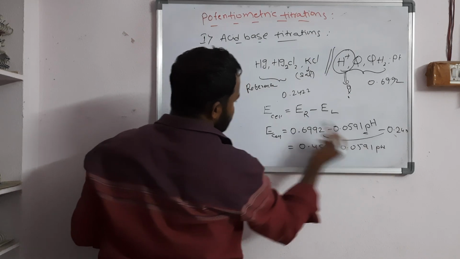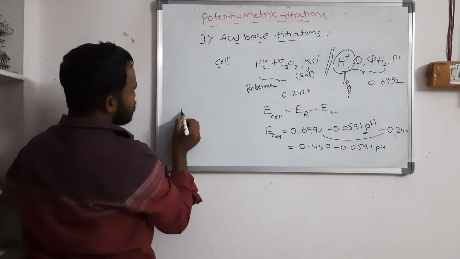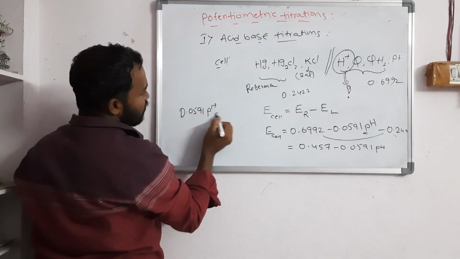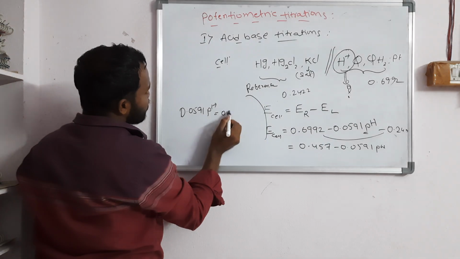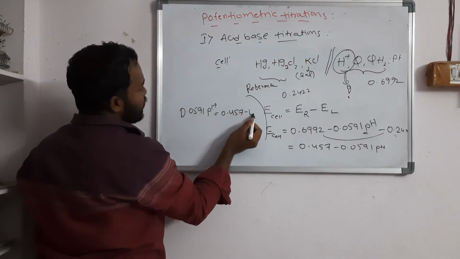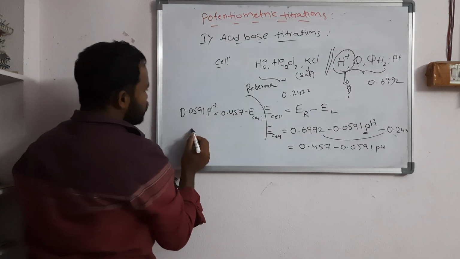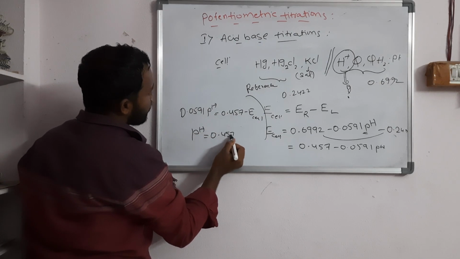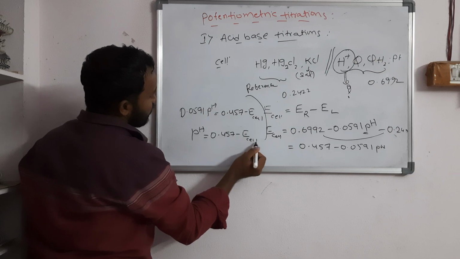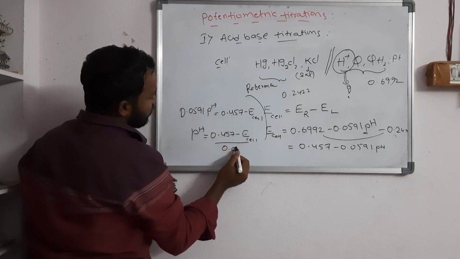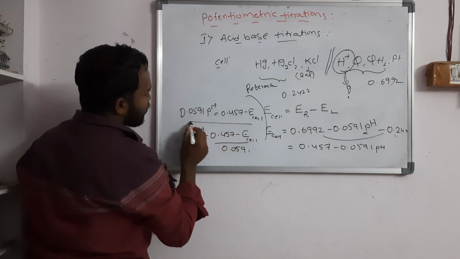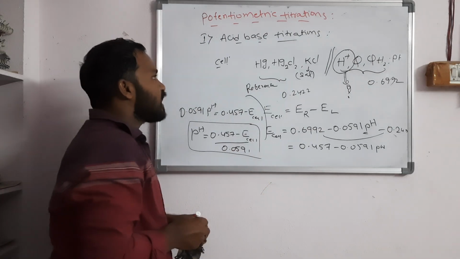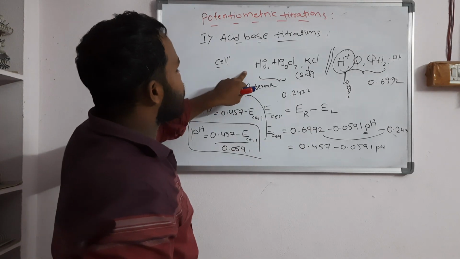When this pH term moves to this side, 0.0591 pH equals 0.457 minus E cell. So pH is equal to 0.457 minus E cell, divided by 0.0591. This is the final equation to calculate the unknown concentration of the H+ ion solution using acid-base titrations.